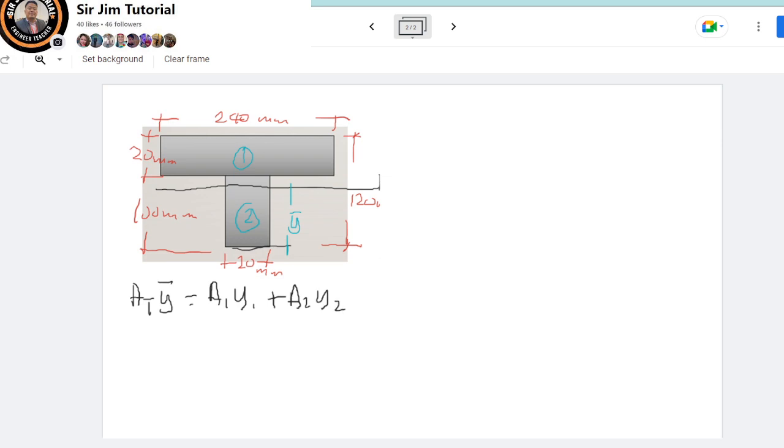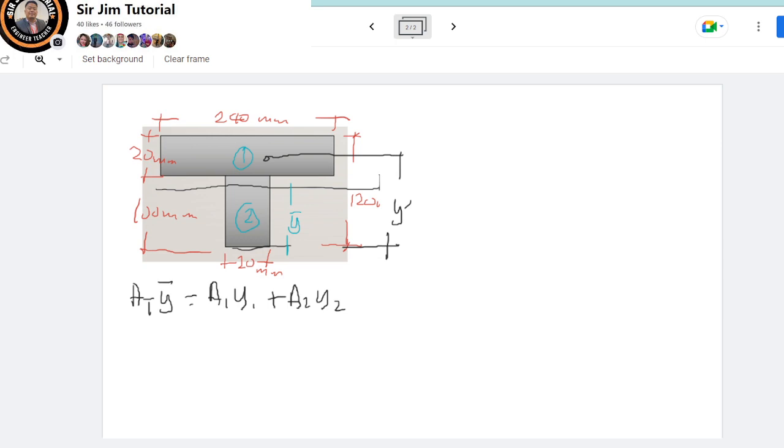Okay. So where is our y1? Our y1 is from the center, this one coming here. This should be our y1.